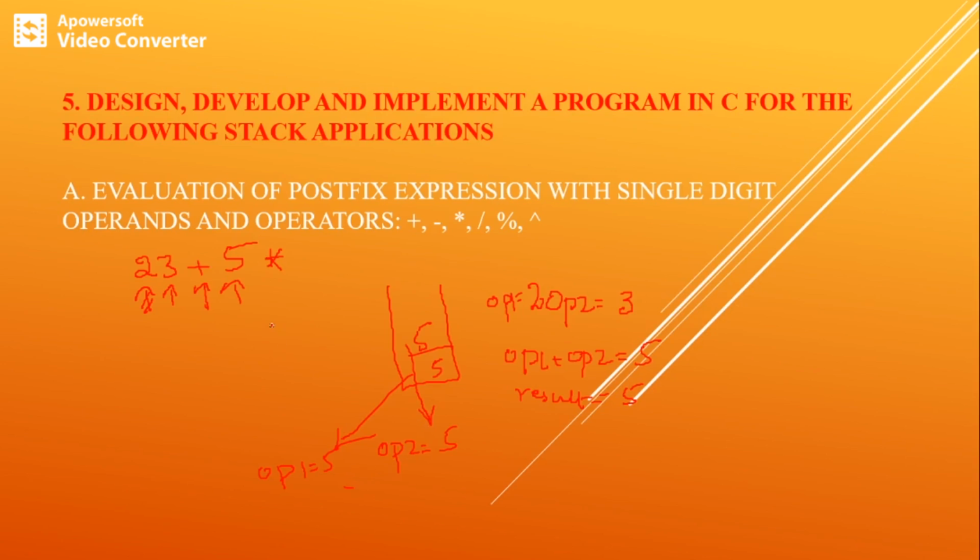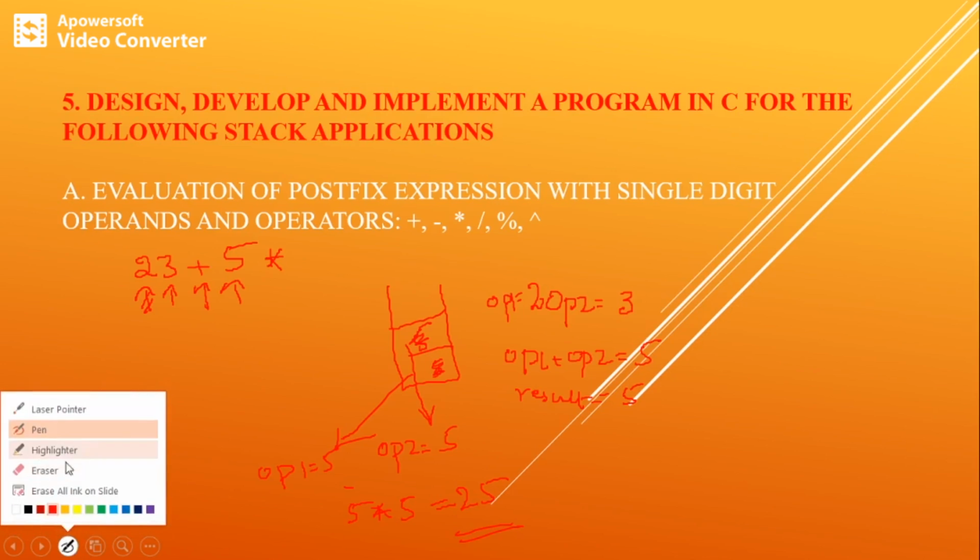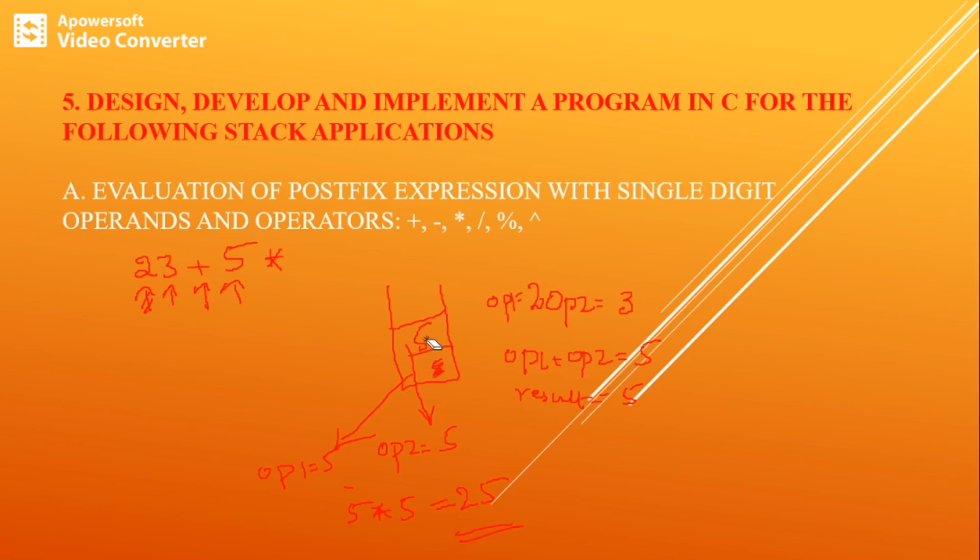And then I have star in my hand, that means I can perform the multiplication operation between these two, and this is the result. Once I get this result, I will push this answer into the stack.